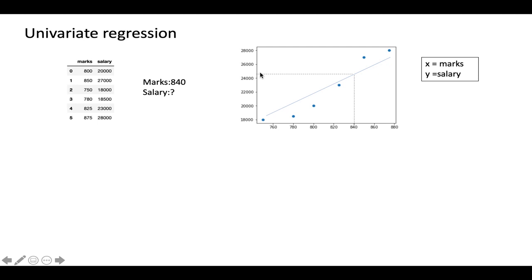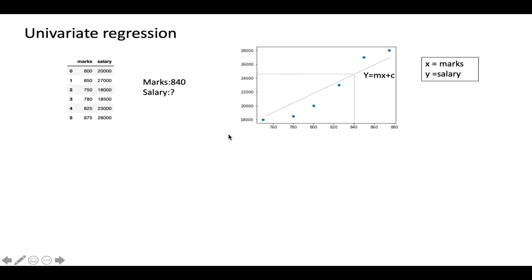Okay. Now we know that the formula of a line is y equal to mx plus c, where m is the slope and c is the intercept. So this is not 0, 0. It starts from 18,000 here. So c would be the intercept of where it passes through the y-axis.